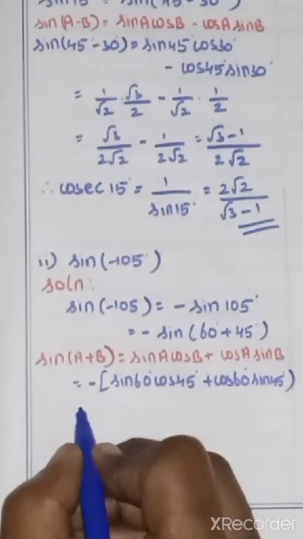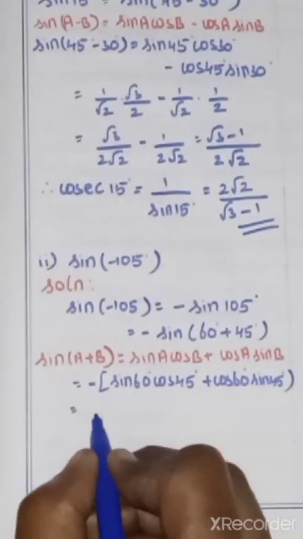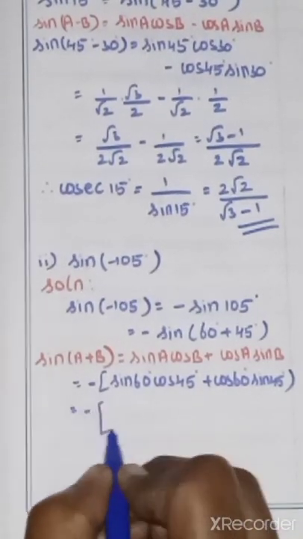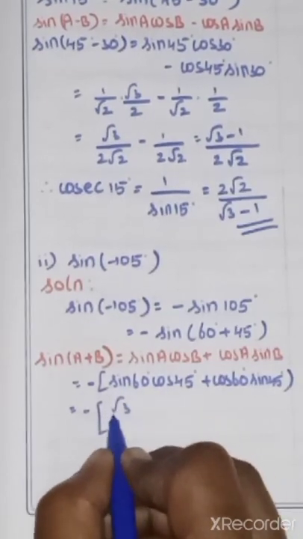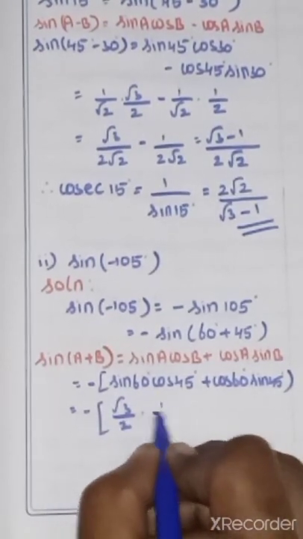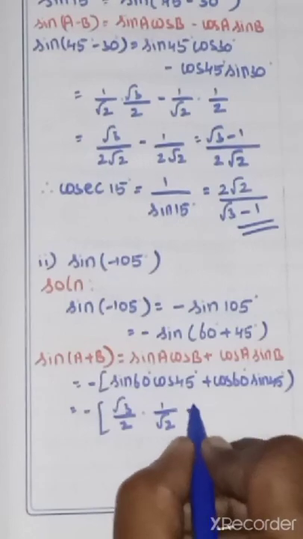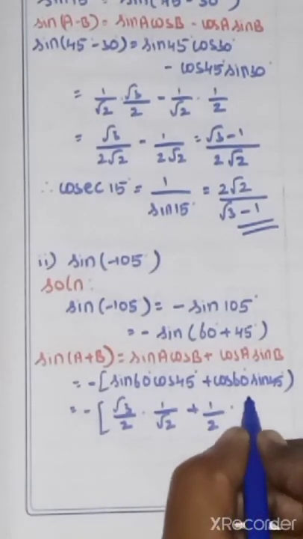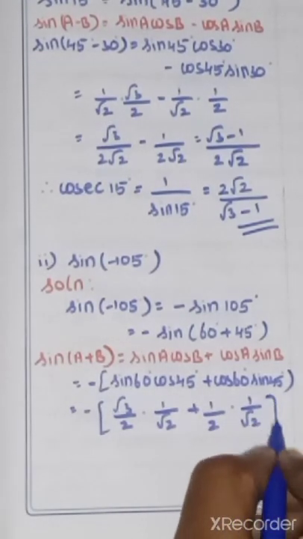Okay, which is equal to minus, we can take outside, sin 60 is root 3 by 2, cos 45 is 1 by root 2, plus 1 by 2 into 1 by root 2.